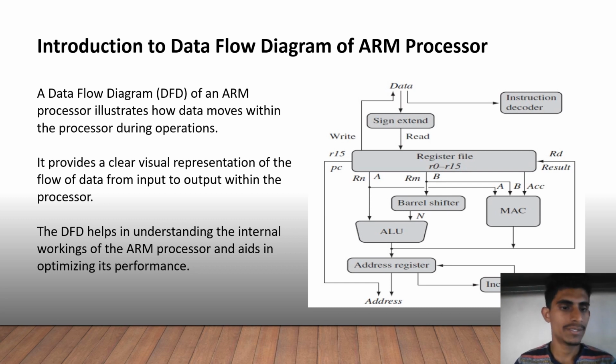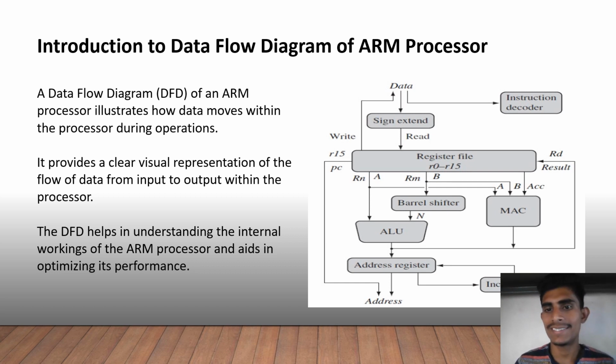We are going to study this in this topic. It provides a clear visual representation of the flow of data from input to the output within the processor, and how the data will move from input to output.